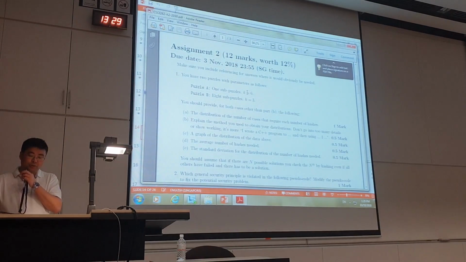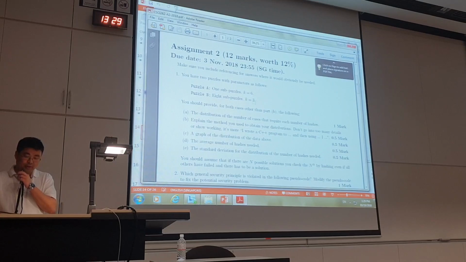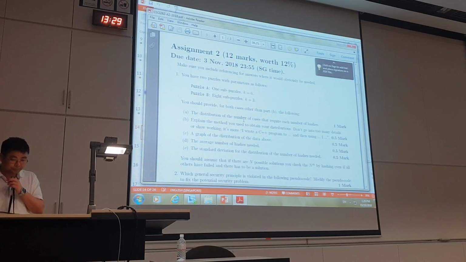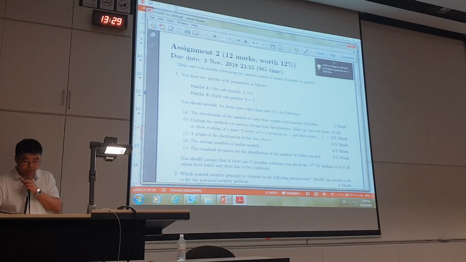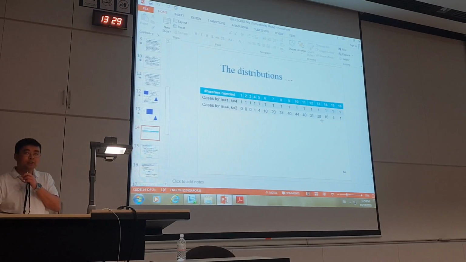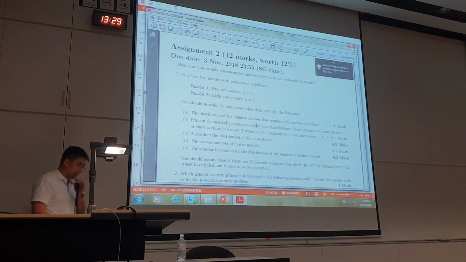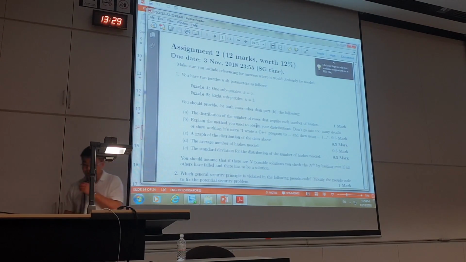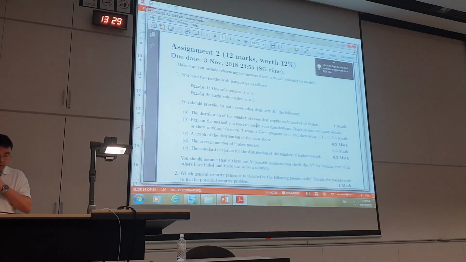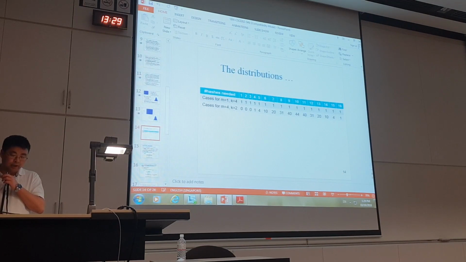For the first one, actually you don't even need to write a program. But for the second one, to find a distribution like this, you need to write a program, right? So you can think about this question: how to enumerate the distribution, for each possible number of hashes, how to find out the number of possible cases.